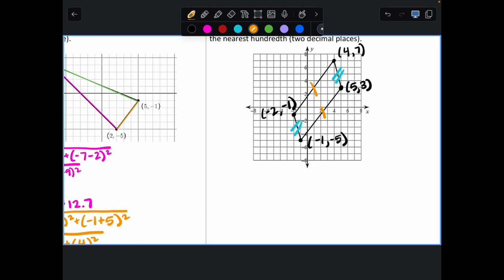Okay, so I'm going to do the longer side first.